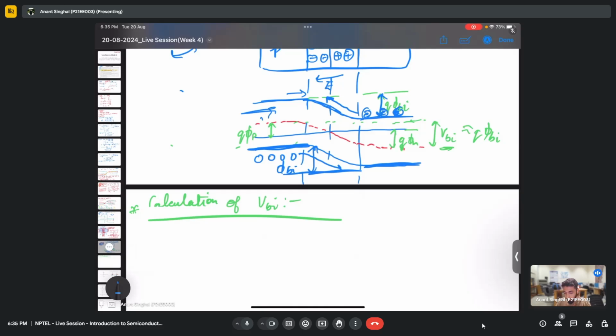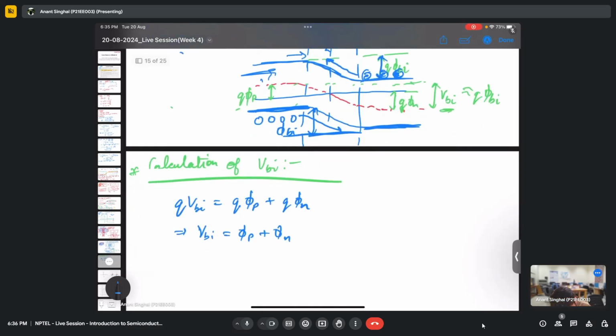So this is very easy if we try to analyze it mathematically now. We know from the above plot that qVBI is nothing but equal to qφP plus qφN, or we can write VBI is equal to φP plus φN. Just try to be with me here. So we have Ei this, we have EF this.